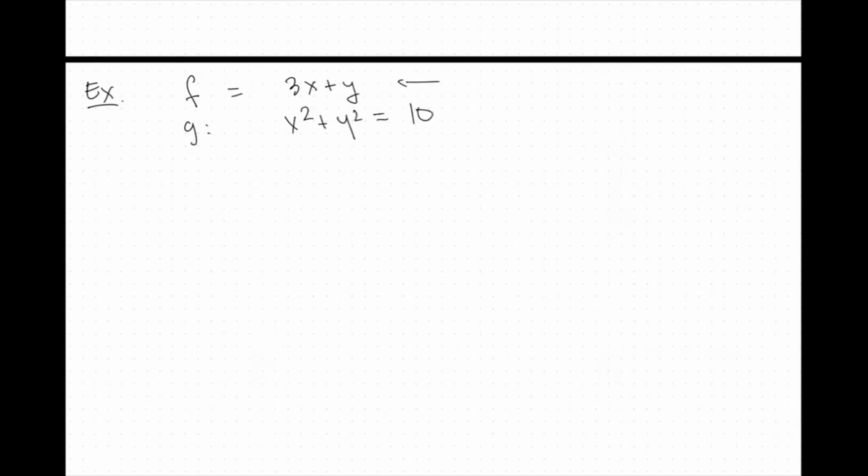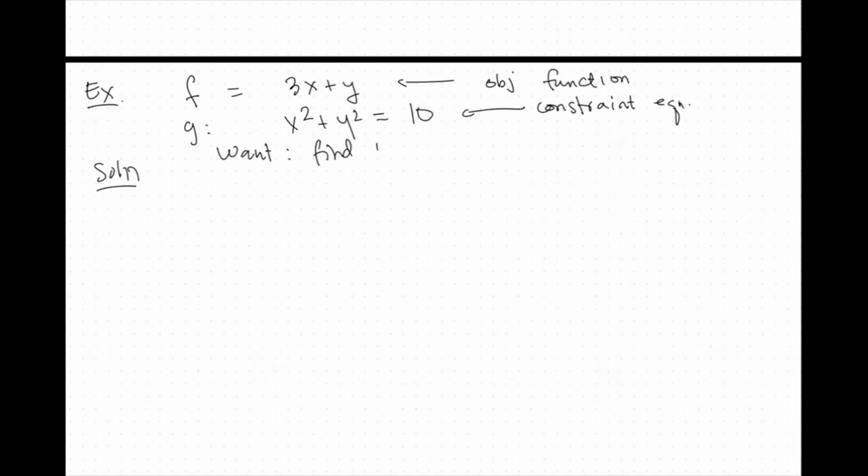This is your objective function, and this is your constraint equation. What we want is to find the maximum and minimum value of f given the constraint. So, solution.